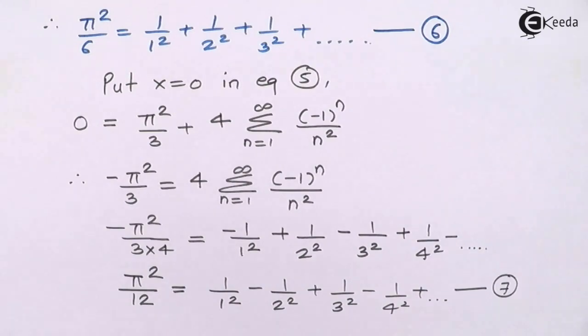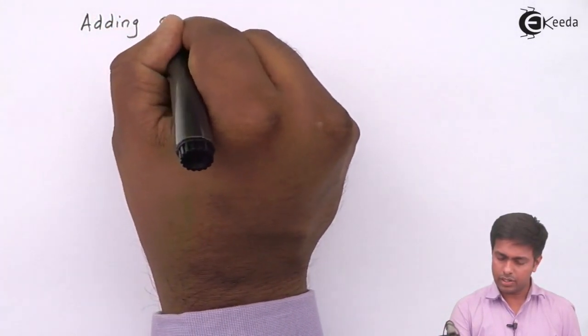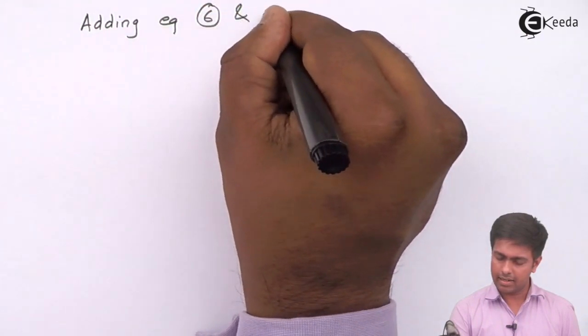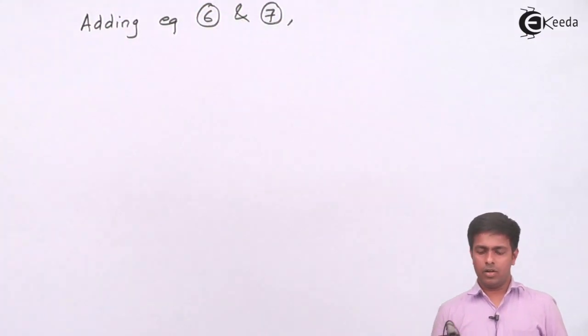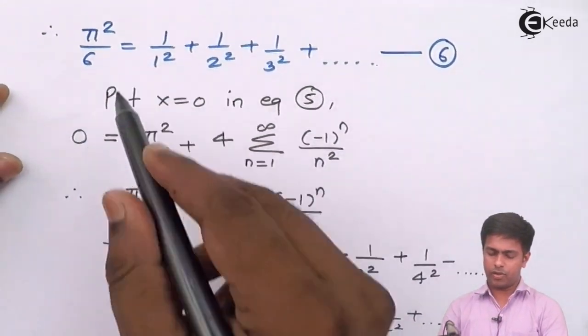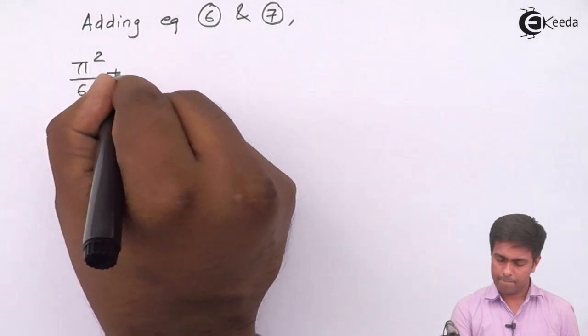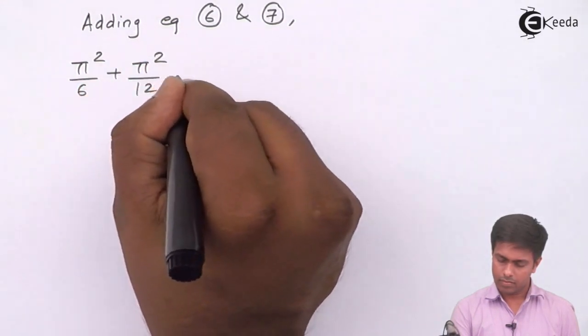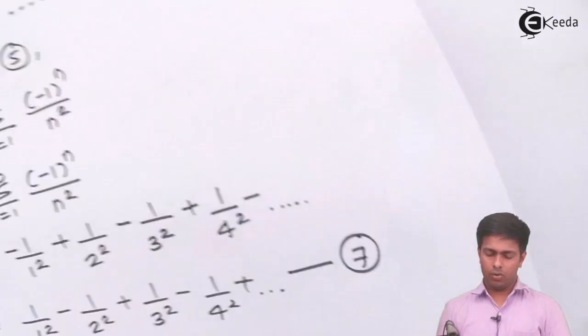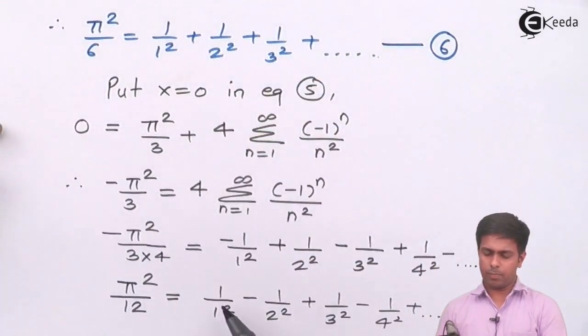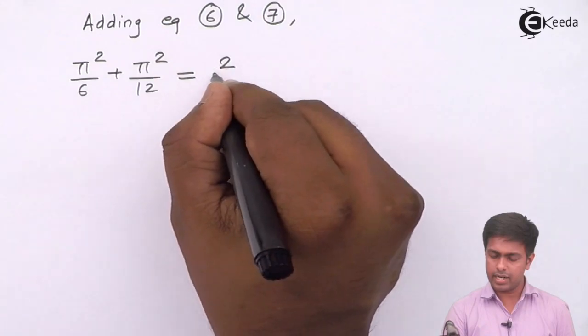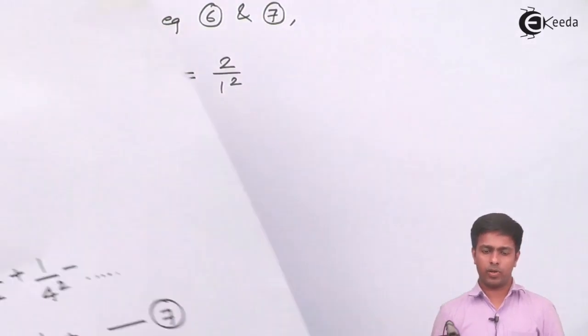And now last step, let's add equation 6 and 7 to get the final result. So I'll say, adding equation number 6 and 7, we will get pi square by 6 plus pi square by 12 equal to, now 1 upon 1 square plus 1 upon 1 square, I can say that this is 2 times 1 upon 1 square.